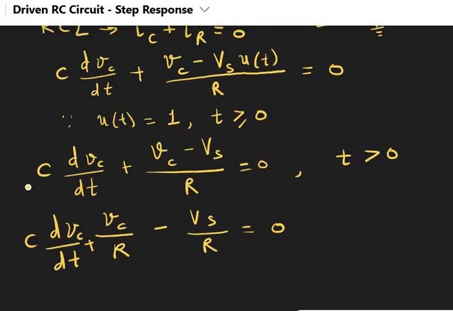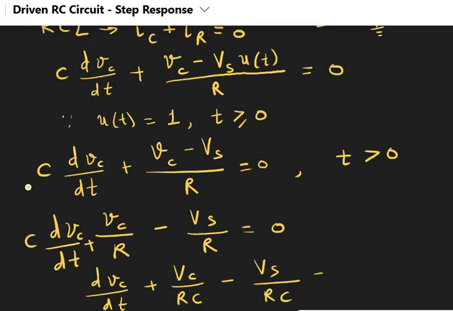We can divide the complete equation by C and we can have dVc by dt plus Vc by RC minus Vs upon RC equals to 0.